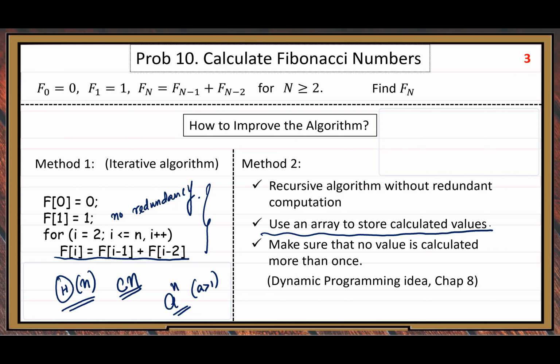The second method has a fancy name called the dynamic programming technique. It's the topic in our chapter 8. For this class, I do not have time to talk about dynamic programming, but here, using the Fibonacci number, I give you a short introduction to the idea.